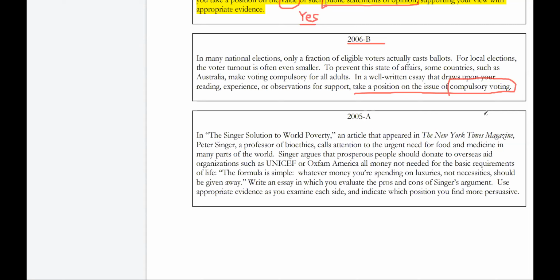Because it's saying, take a position on the issue of compulsory voting. So this is not really a true or false kind of thing. It's more saying, is this policy or this action good or bad mostly?